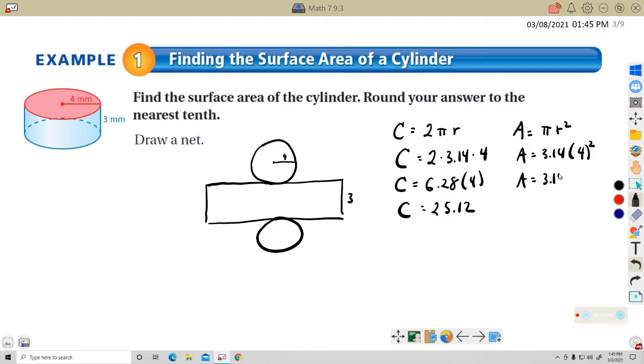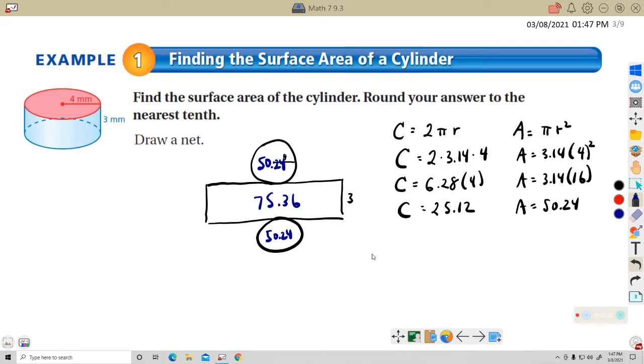Area is 3.14 times 16, which is 50.24. Okay, so this area is 50.24. This one is 50.24. And this big rectangle is 25.12, that's this length, times 3, which is 75.36.